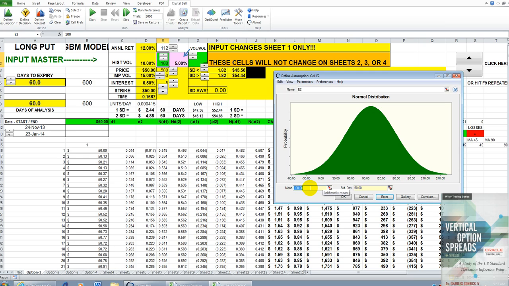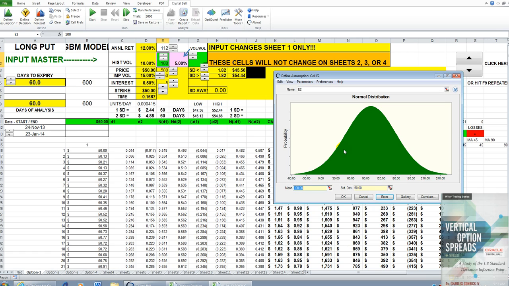Basically, that's 10% with a standard deviation of what's in the pink cell, which is 5%. So effectively, as we run the entire spreadsheet, Crystal Ball is going to vary that volatility as if it were normally distributed. So that's a very useful tactic for us.